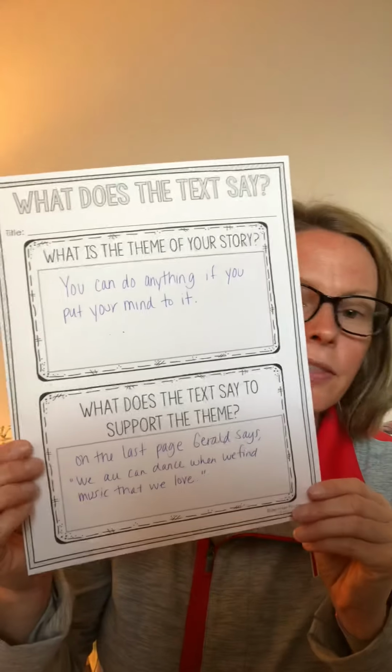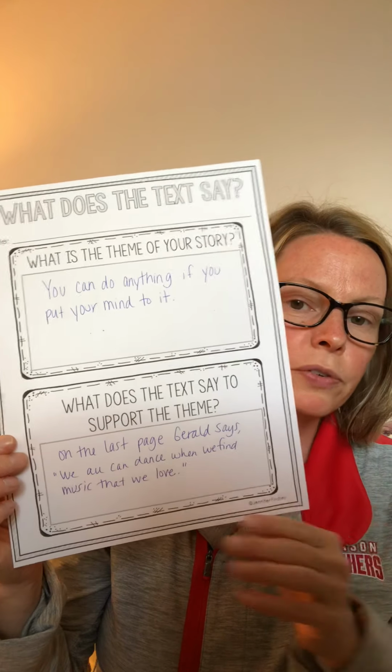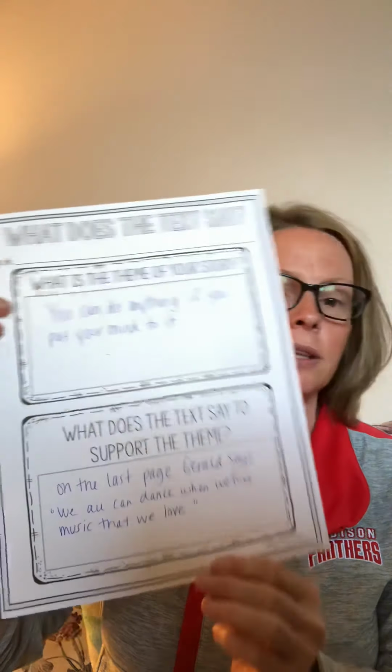And the last page was a wonderful example or proof. On the last page, Gerald says, we can all dance when we find music that we love. And it does not just have to apply to dancing. This would be kind of an example of when you find something that you love, you can do it.